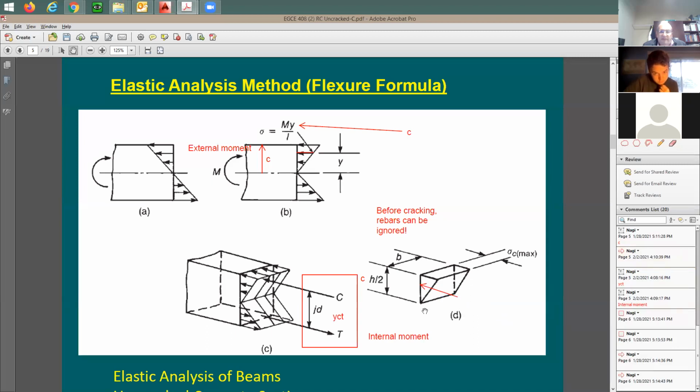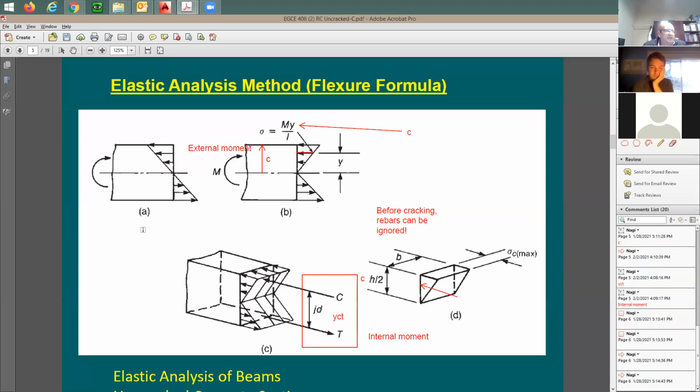It's going to be 1/3 of this base. So if the base here is equal to C, this is going to be 1/3 of C, and this is going to be 2/3 of C. So this distance, JD or YCT, is known to you. You can figure it out based on the section properties, height and width.